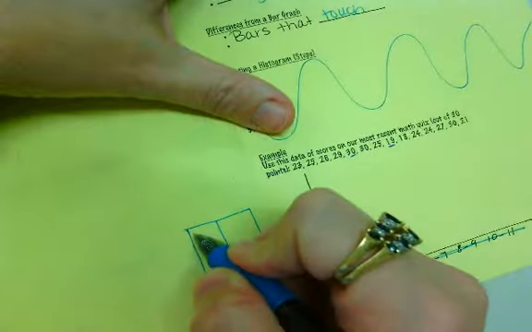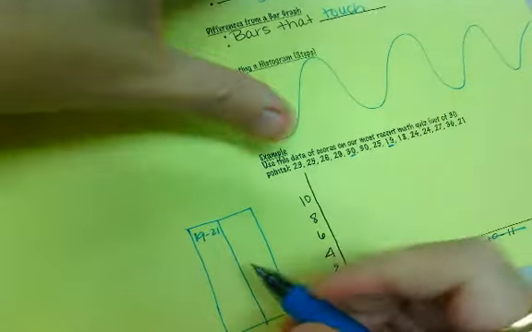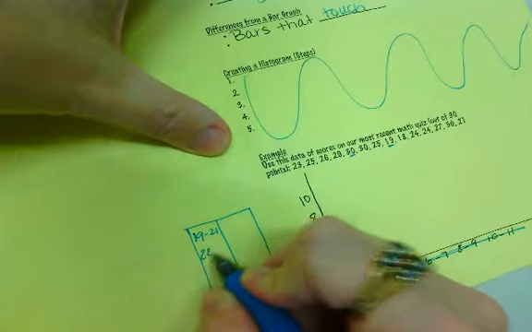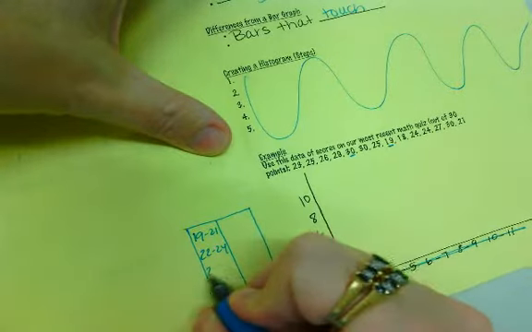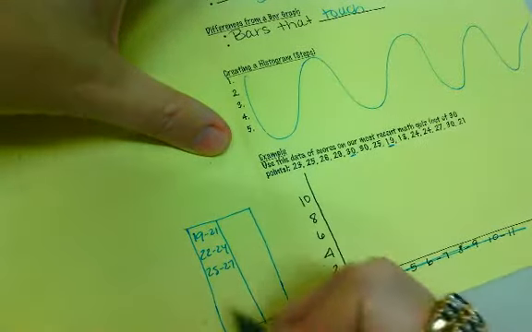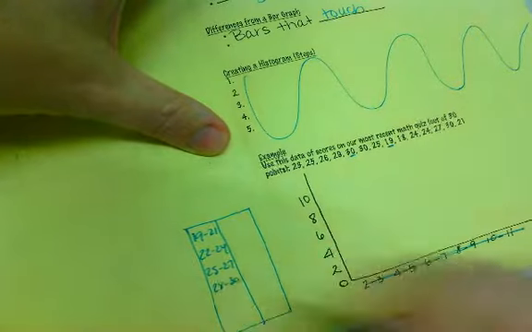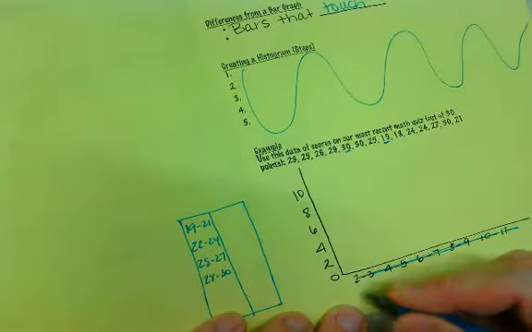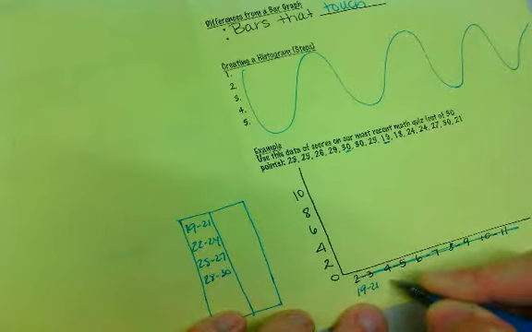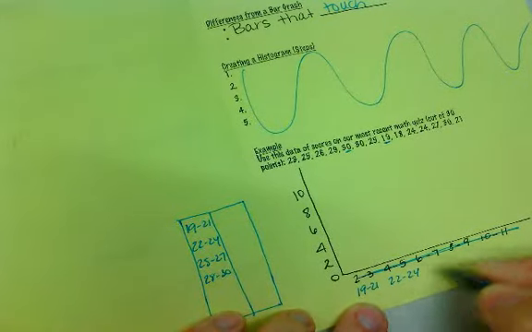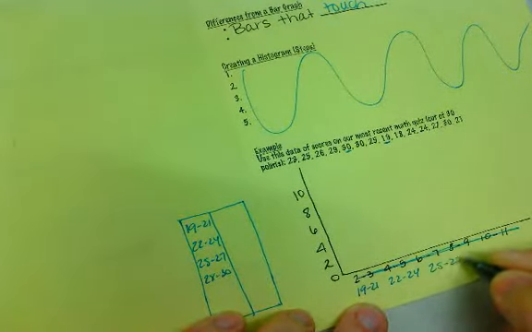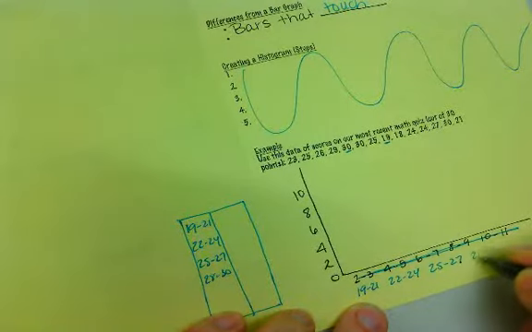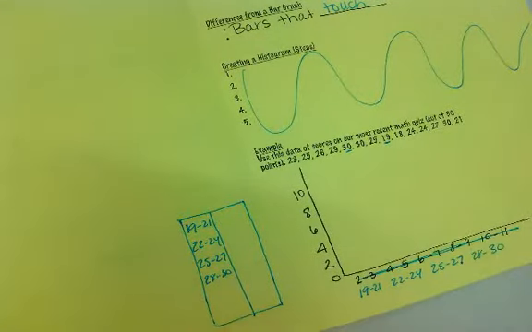So we're going to do, let's do 19 through 21, 22 through 24, 25 through 27, 28 through 30, okay? And what we have here, we need to write down here. So 19 through 21, 22 through 24, 25 through 27, and 28 through 30, okay?